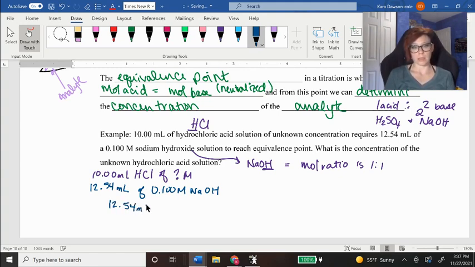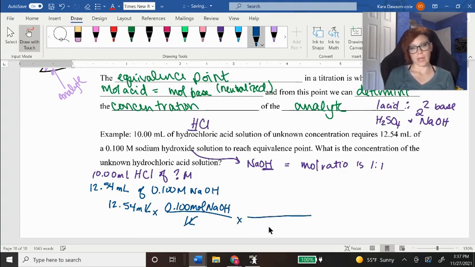So 12.54 milliliters. Since these are both in milliliters, I don't have to convert out of milliliters. And then I'm going to multiply that by 0.100 moles of NaOH per 1 liter. So liters are canceling out, and I'm still in milli.